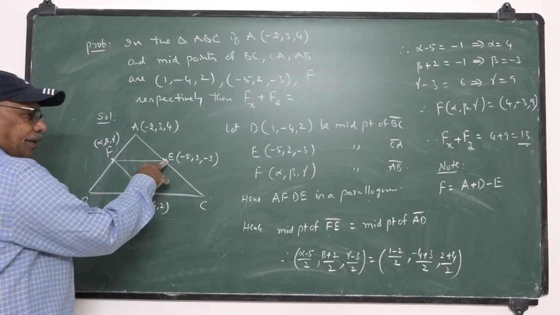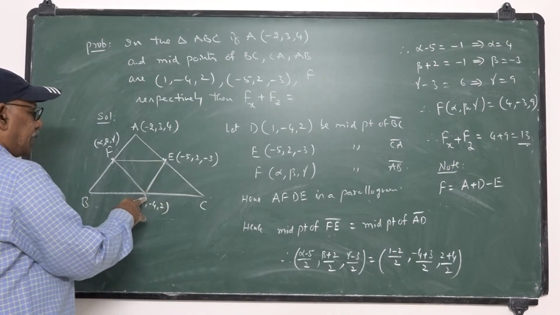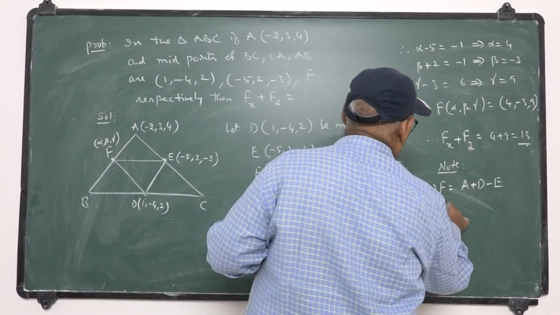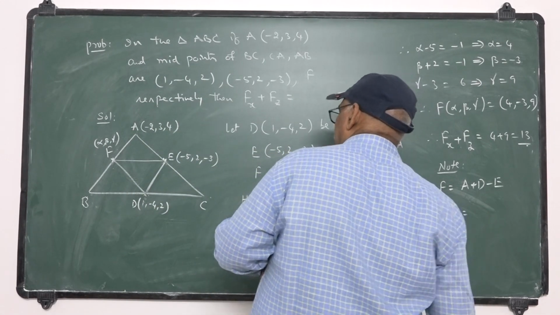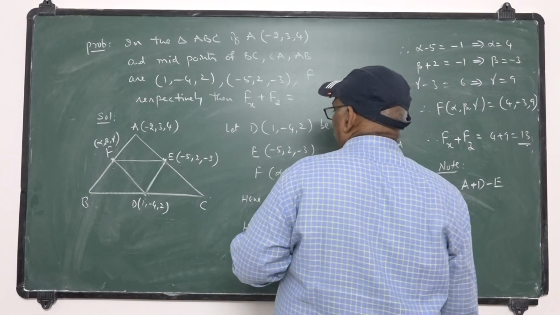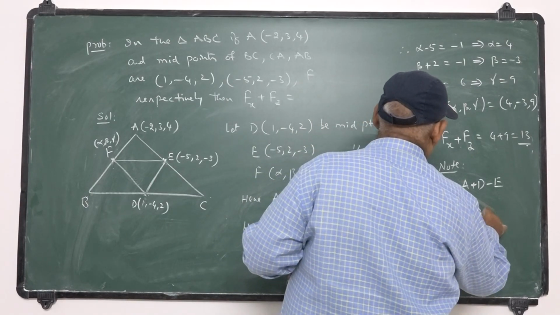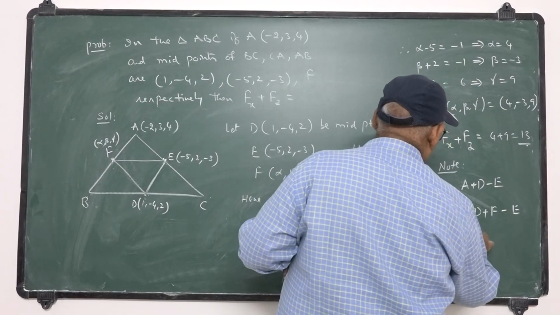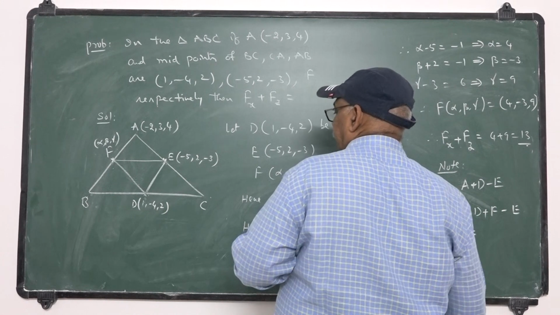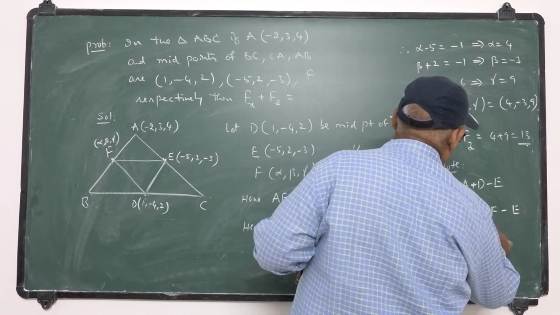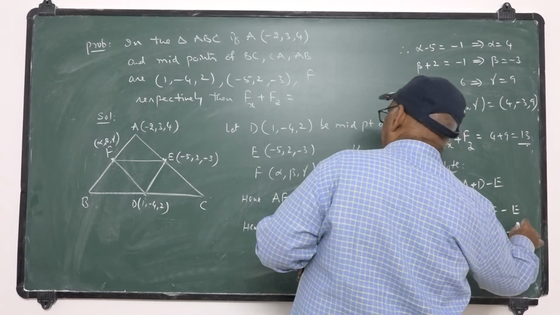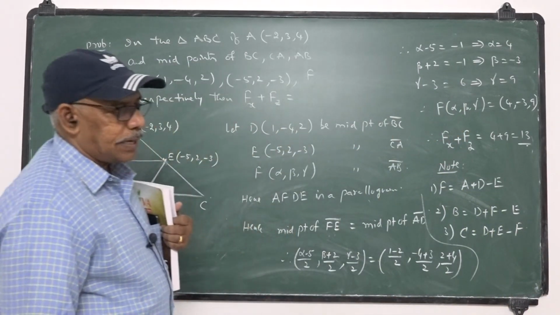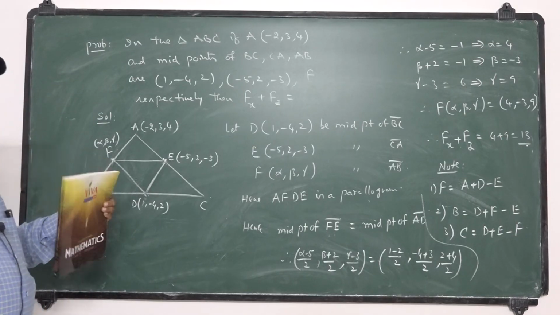Similarly, B plus E is the same as D plus F. The vertex B is given by D plus F minus E. The vertex C is given by D plus E minus F. Like that you can find all the vertices and the coordinates of the midpoints of the sides.